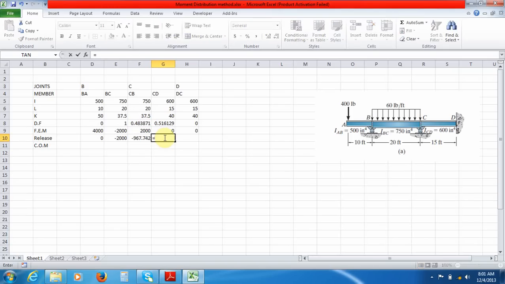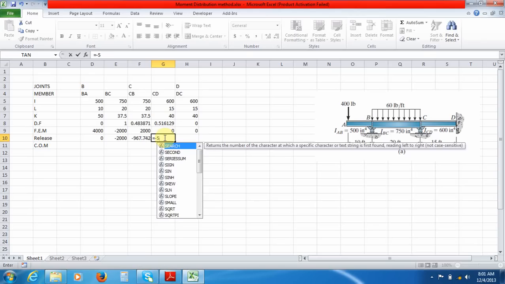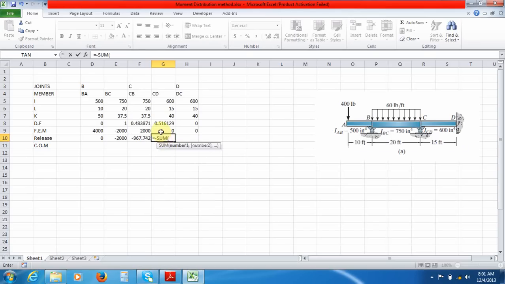Similarly here, equal to negative sum of these two into distribution factor, and F4 to fix it. Now here equal to negative of this into this one, F4, enter.